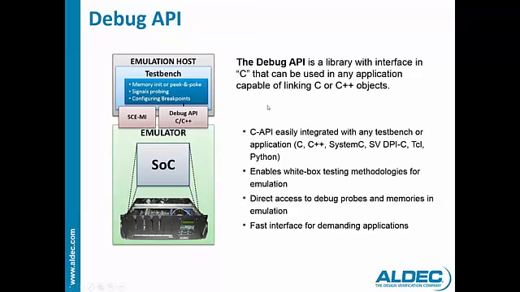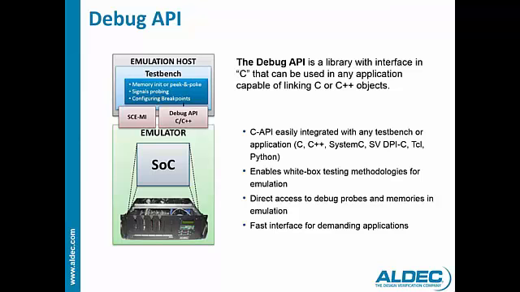And something else that's useful and available is a debug API. As well as providing the hardware debugger, an API is possible for debug. It's a C++ API which integrates to the design test bench, so that the test bench can check memory and configure breakpoints.